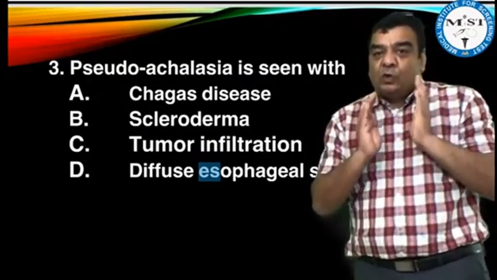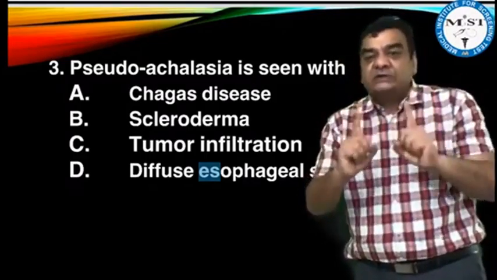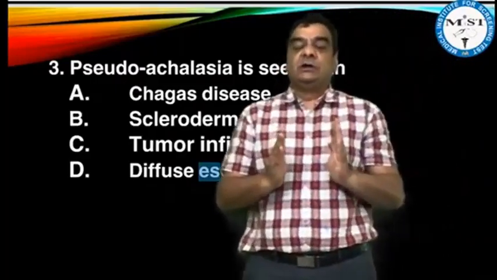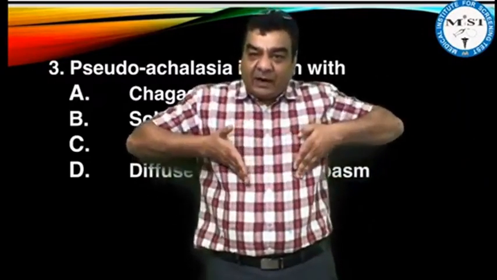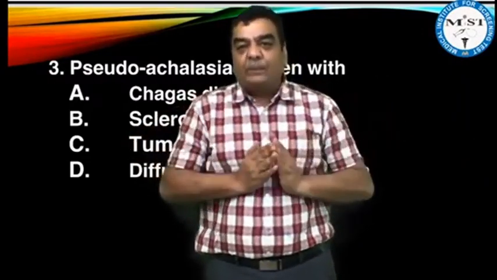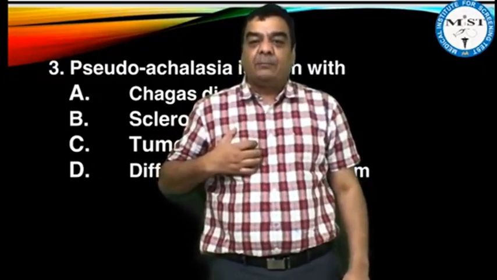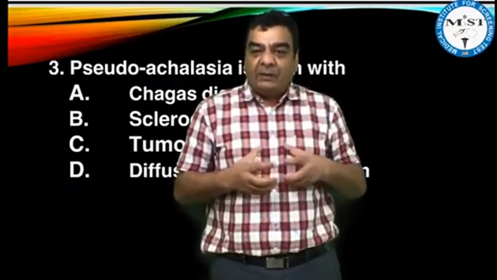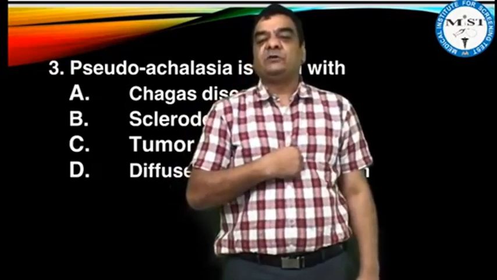Now pseudo, though it is classified under secondary, is a condition where there is no pathology of the esophagus as such. There is no problem with the esophagus, but there is something around the esophagus which is trying to press on it. Generally tumors in the mediastinum or tumors of the cardia of the stomach might be pressing on the lower esophagus and causing a traffic jam type of situation.